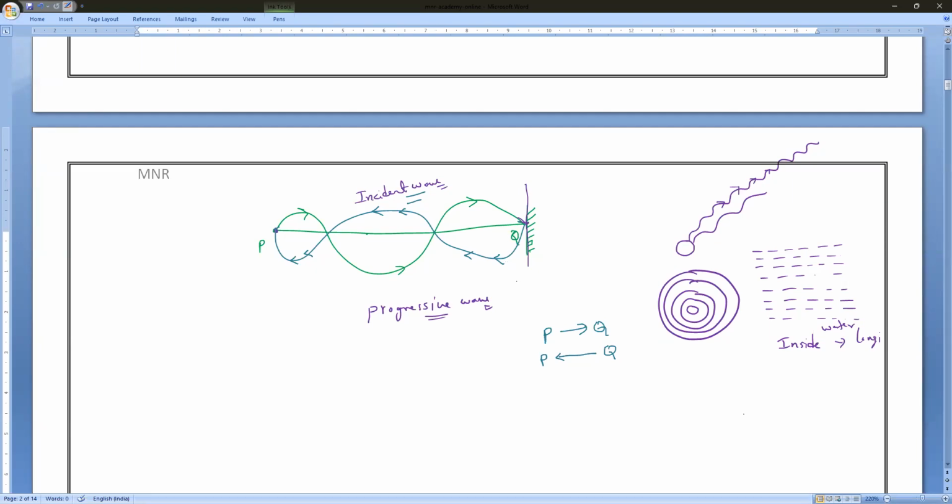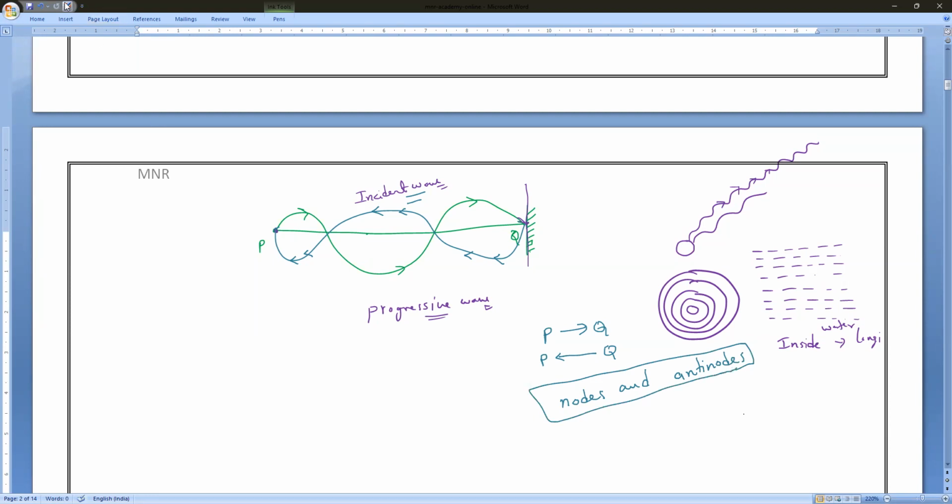Because of this overlapping of the incident wave and the reflected wave, it results in the formation of two things. One is nodes and the other one is what, guys? Please respond. Antinodes. So now you should understand.